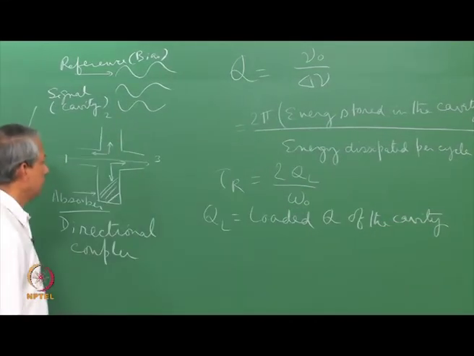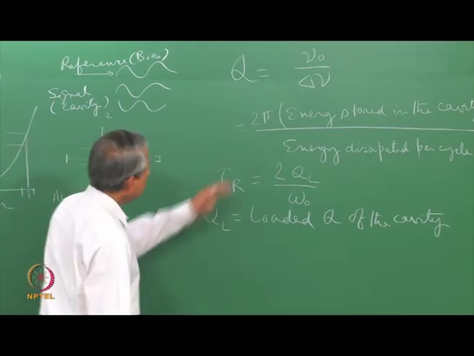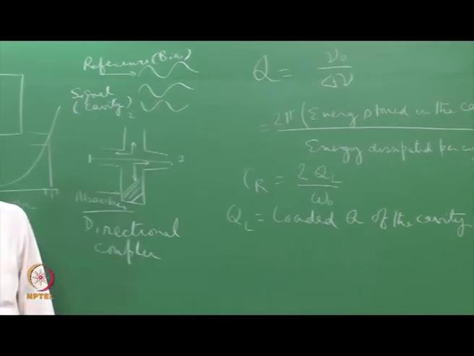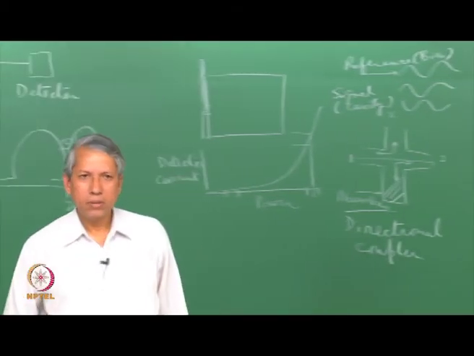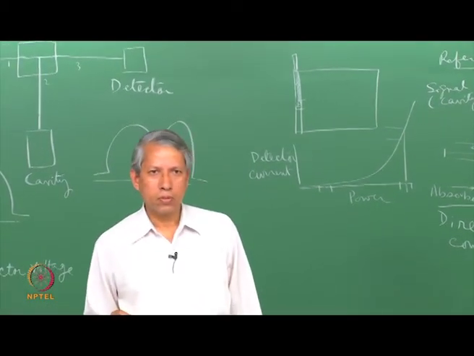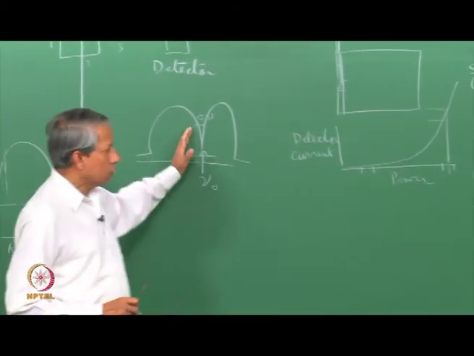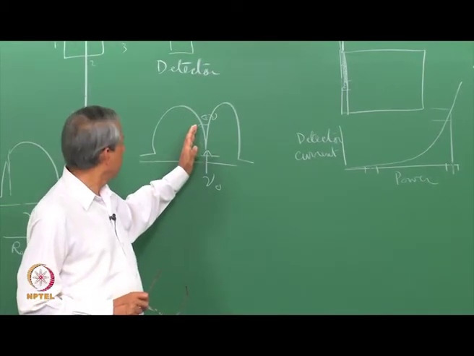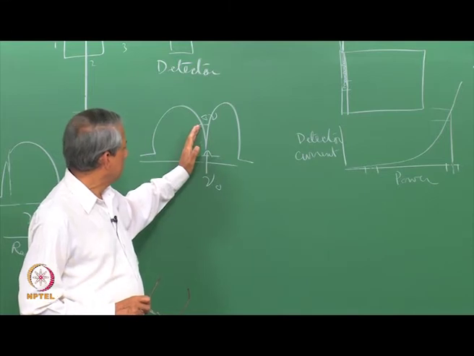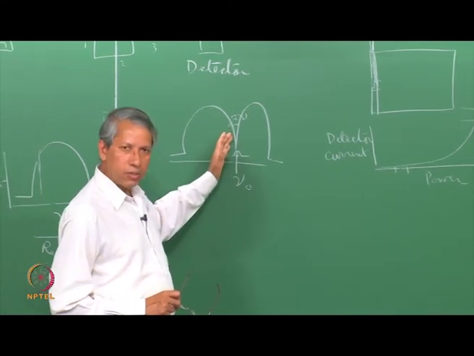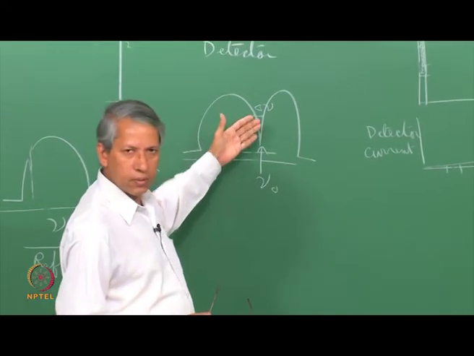Whenever the cavity is connected to a waveguide and matched to a microwave source, what we measure in this fashion is actually the loaded Q of the cavity. So, that is an experimentally measured quantity, and the way we measure is just this.